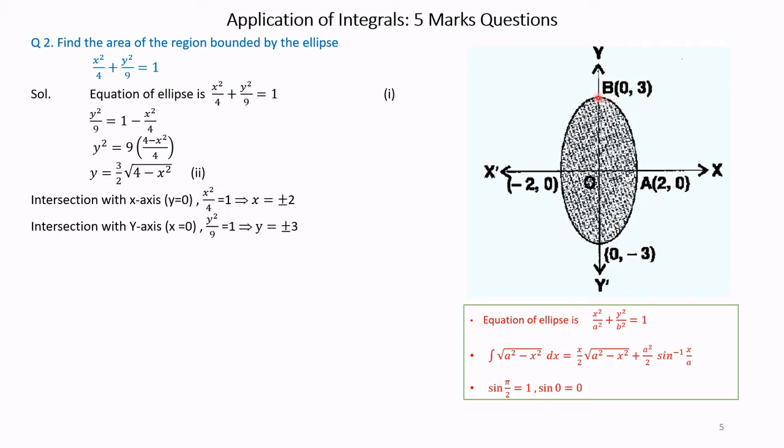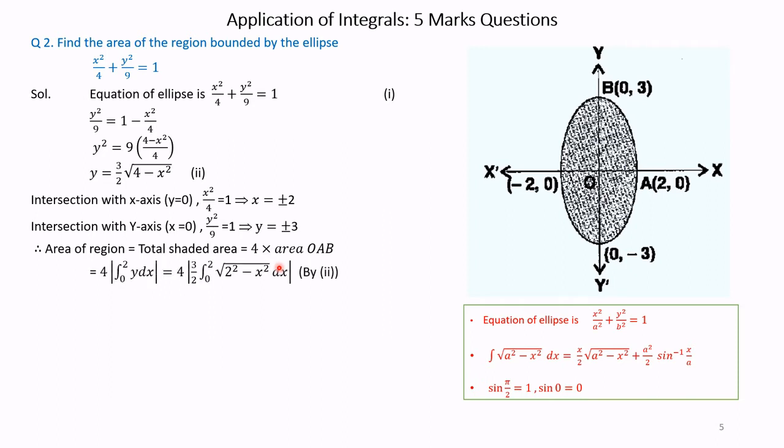So we will calculate the value using integration for the first quadrant, that is quadrant 1, and multiply it by 4. So this is into 4, we will do it as done in the previous problem. So that is 4 times area of OAB. O is here, AB. If we calculate 4 times, then we will get the answer for the question.